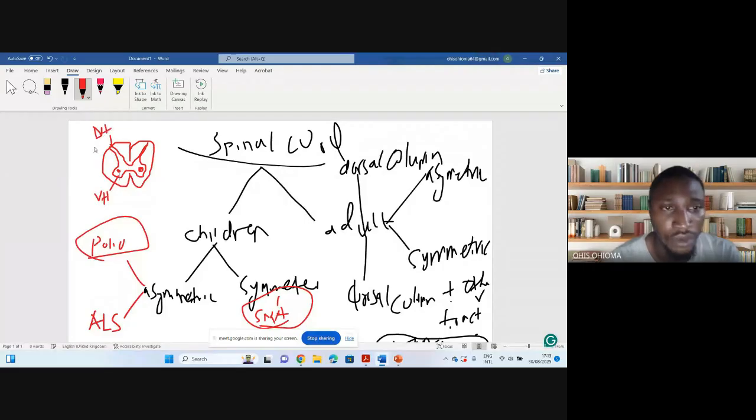So these patients present with, of course, involvement of the ventral horn. Here you're thinking about what kind of tracts you'll be thinking about in this region. The anterior horns are the ones that mediate muscle tone and muscle bulk, basically, right? So when the anterior horns are affected, the patient presents with signs of lower motor neuron lesions, right?